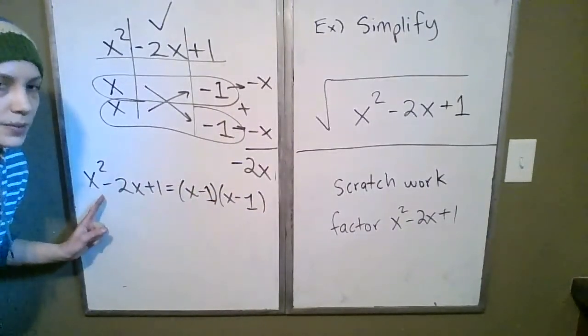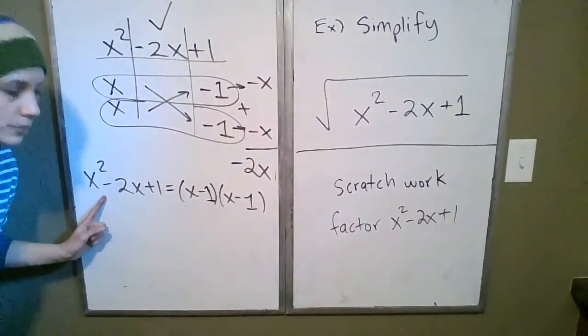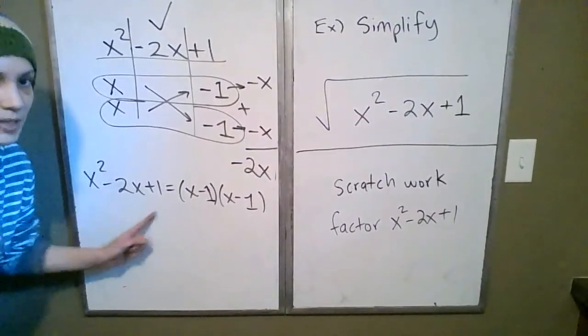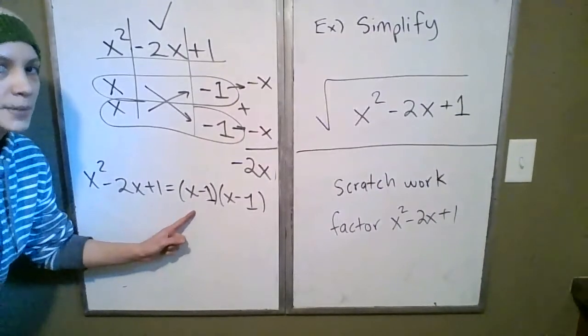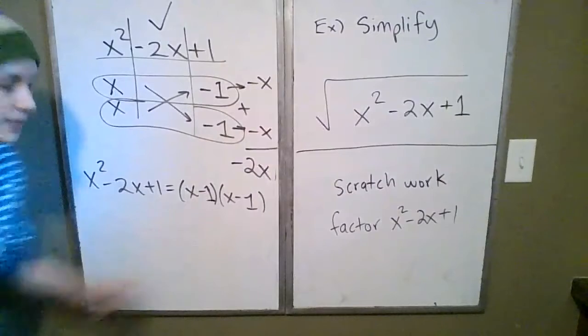Okay, the radicand in this problem, which is x squared minus 2x plus 1, factors into x minus 1 times x minus 1.